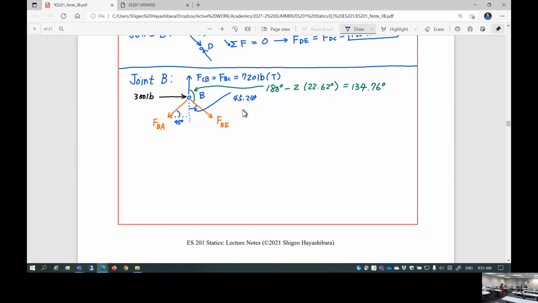Okay, so we're going to do, once again, summation of the force in x direction, this is positive x. Let's just set equal to 0.